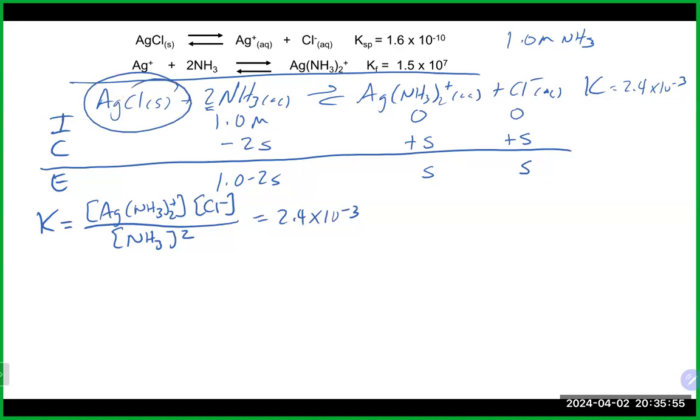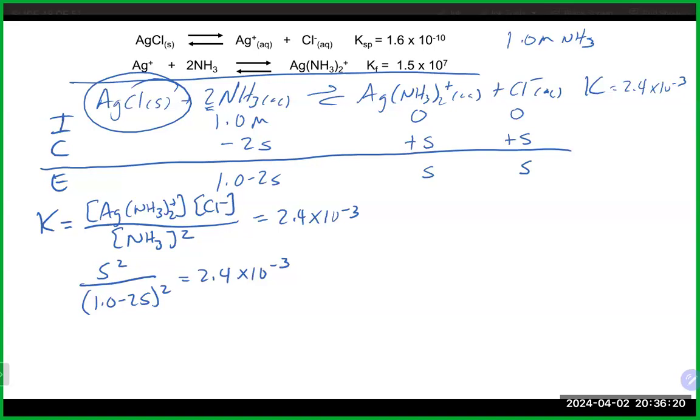In this case here, we do not include the silver chloride, right? Because it is a solid. So putting our values in will give us s squared up on top divided by 1.0 minus 2s squared is equal to 2.4 times 10 to the minus 3.